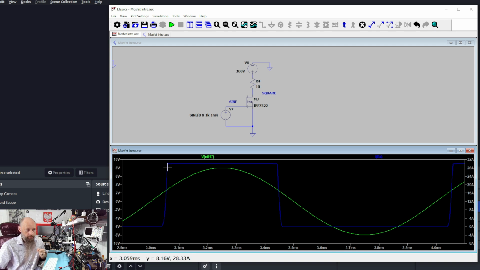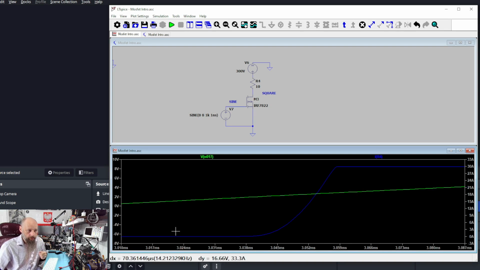Suddenly, a lot of current is going to start flowing through the resistor. There is a little point where you can see that it is linear in the range of a few hundred microseconds that the transistor takes to actually switch from being an obstacle to the current flow into being nearly a wire.